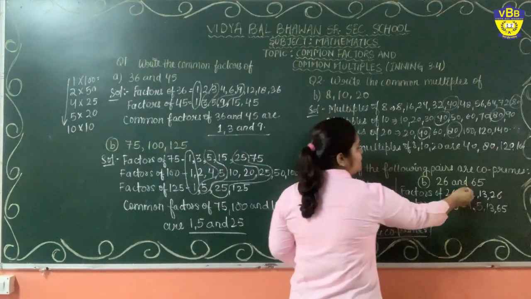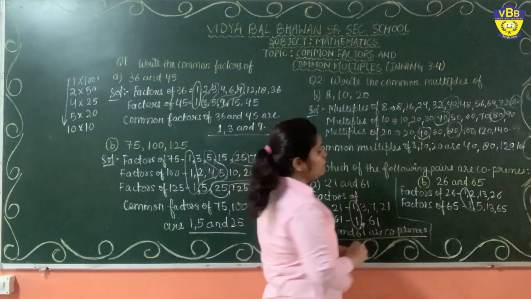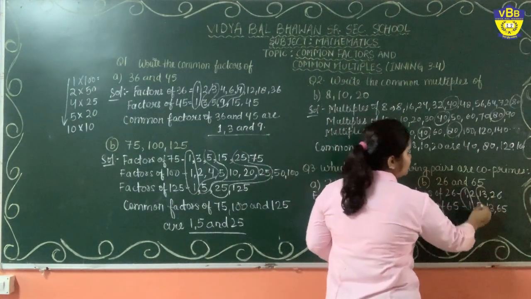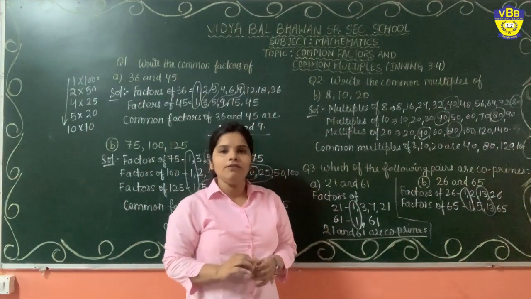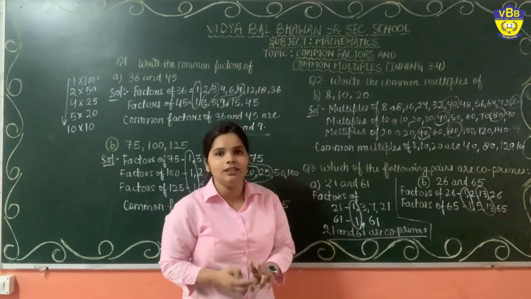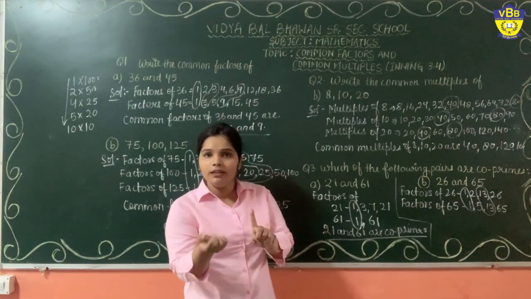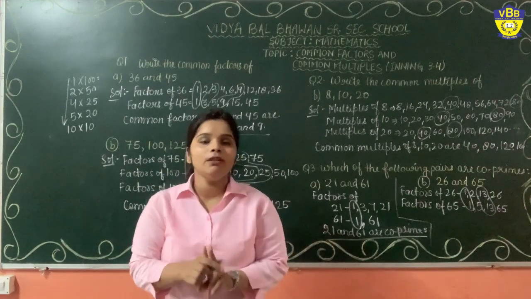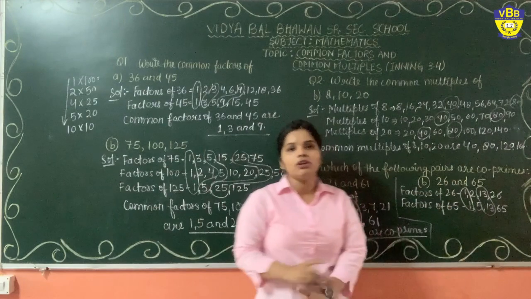Now check which are the common factors. You can check 1 is the common factor here. Any other number which is a common factor of these two numbers, that is 13. So 26 and 65 have common factors 1 and 13. If there is any common factor other than 1, then the given pair of numbers is not a co-prime number.